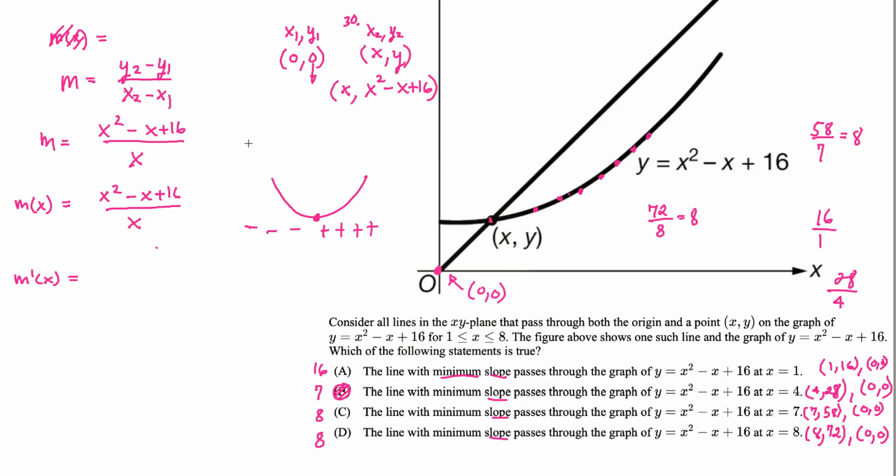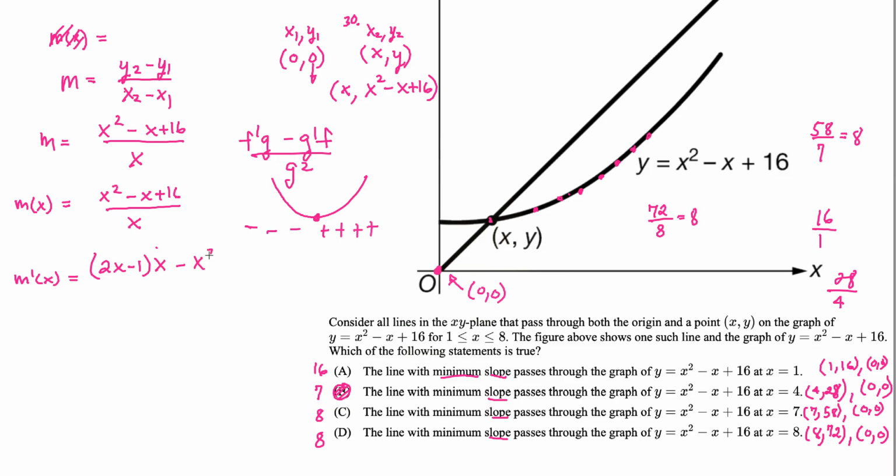Now let's try and do the quotient rule. So let's see. f prime times g minus g prime times f, over g squared. So I have f prime is the derivative of the top, 2x minus 1, times x, minus g prime is 1 times f.